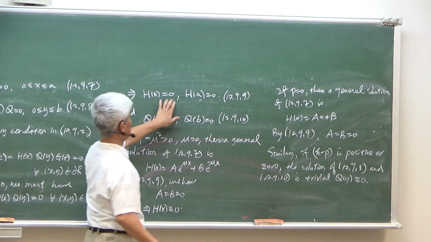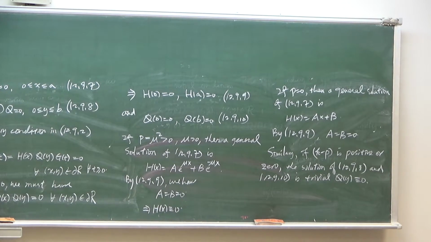By this boundary condition, by 12.9.9, we have a equal to 0. We have h of 0 is a, which is equal to 0, and h of a is equal to b sine mu a.